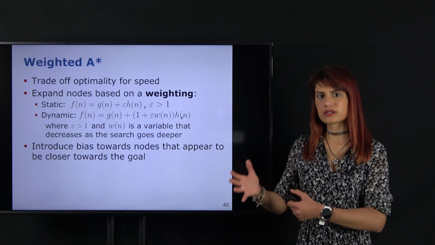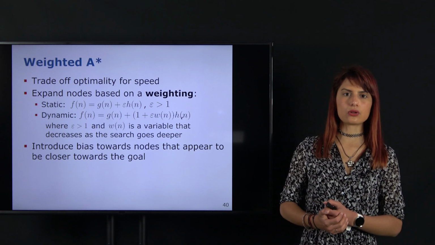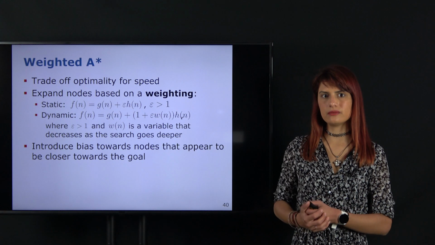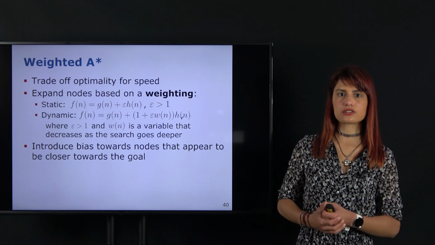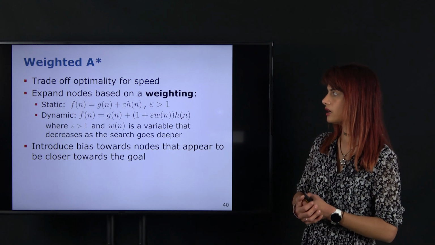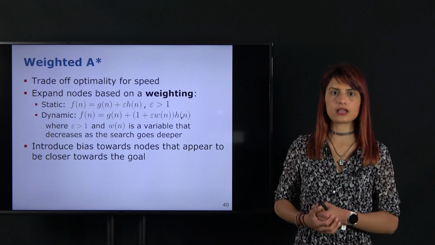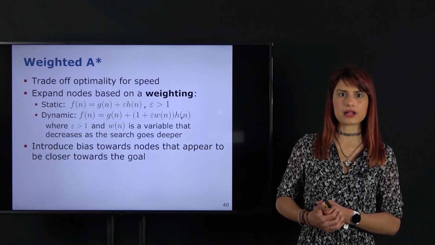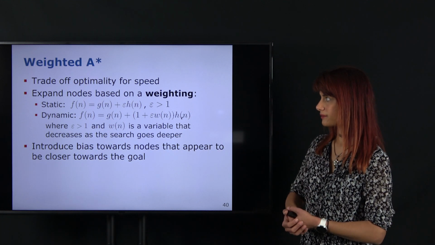Can we say that the heuristic is more important so that we have greater attraction towards the goal, so that it behaves in a more greedy way? Or can we somehow gradually tune the weights of these two things so that our search exhibits actually some kind of adaptive behavior based on where we are in the planning mission? Weighted A-Star does just that.